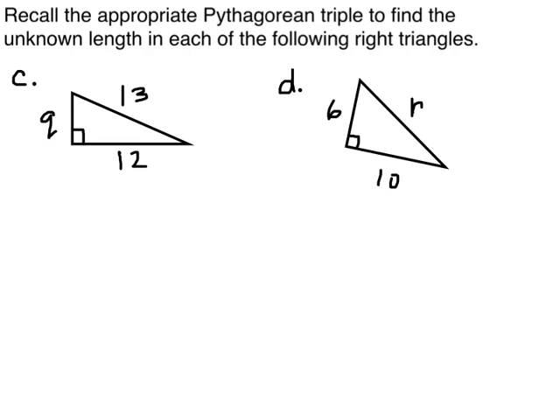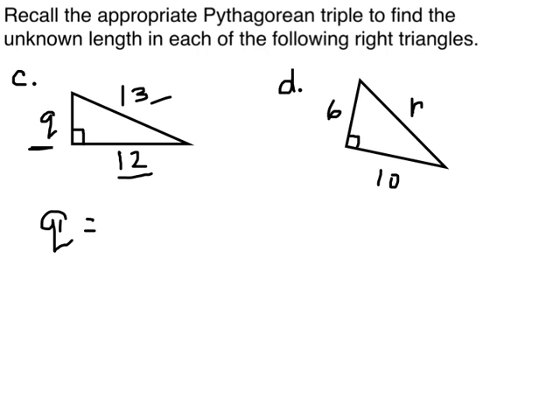C and D says recall the appropriate Pythagorean triple to find the unknown length in each of the following right triangles. Alright, if you copied down your chart, then this type of problem is going to be so simple for you. You're just going to look in your notebook, look at the chart, and boom, there it is. Do you remember what Q would be if you've got a 12 and a 13?